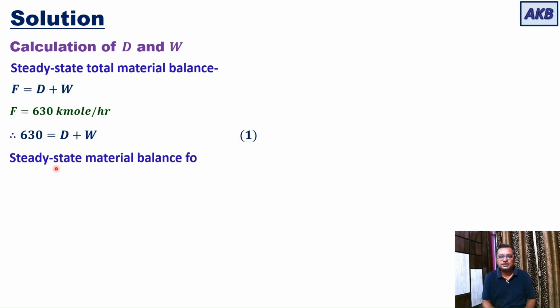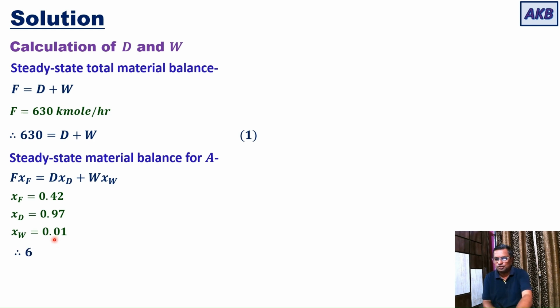Then I will be writing steady state material balance for A, steady state material balance for the more volatile component. So it will be F into XF, that is total into fraction, F into XF, that is equal to D into XD plus W into XW. XF is given to us, it is 0.42, XD is given to us, it is 0.97, XW is given to us, it is 0.01.